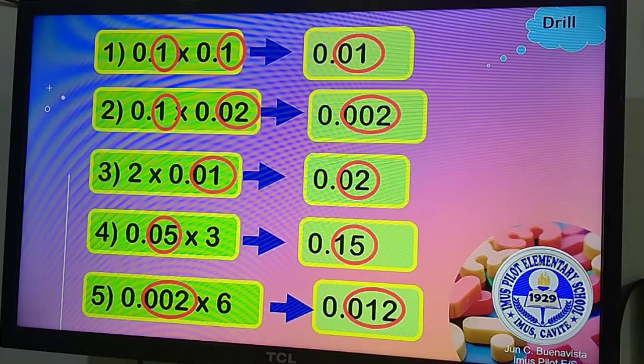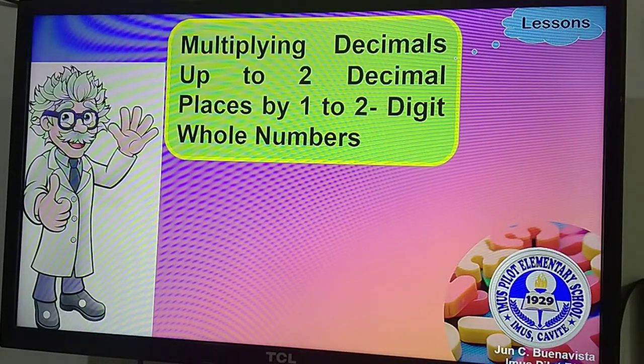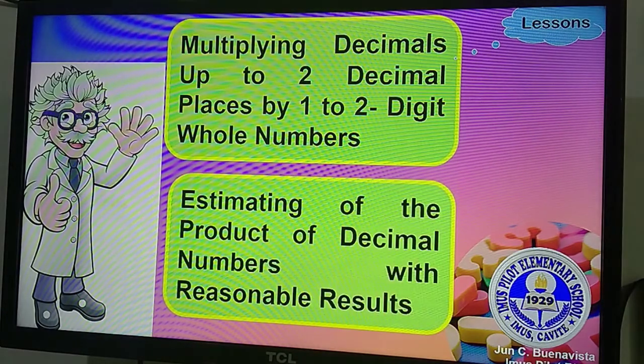So this morning, we are going to study multiplying decimals up to 2 decimal places by 1 to 2 digit whole numbers. The second one is estimating the product of decimal numbers with reasonable results. So we are going to multiply and also estimate the product with reasonable results.